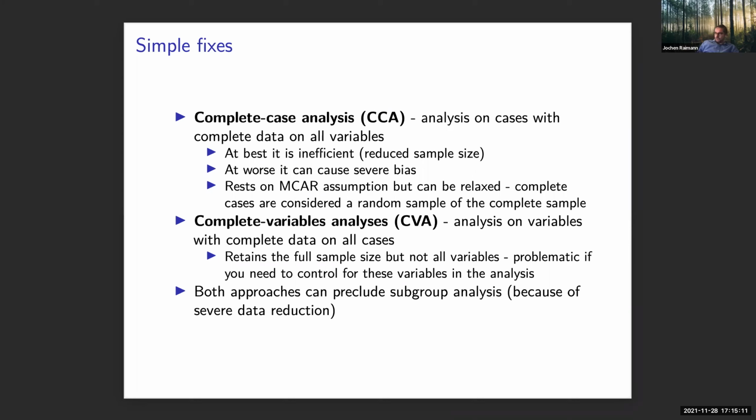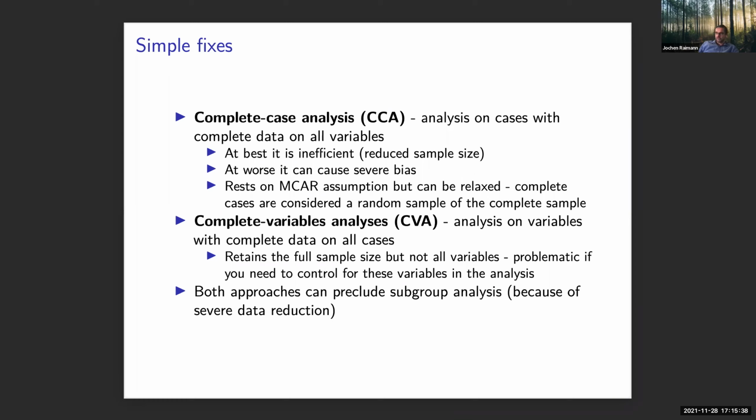So for a complete variable analysis, you only use variables with complete data on all cases. Of course, the problem is that you would retain the full sample size in a perfect case scenario. But obviously, if you need to control or want to control or think these are relevant based on your hypothesis and your underlying research question, you will not be able to only resort to variables with complete data.